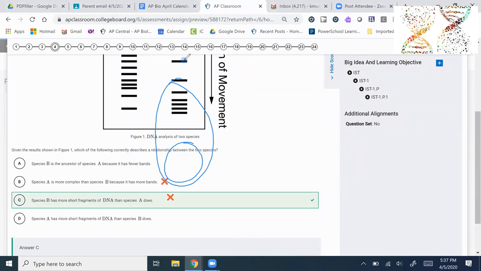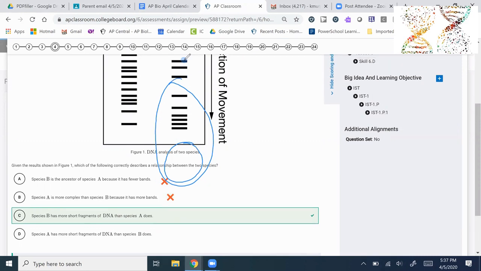But let's look at what C says now. Species B has more short fragments of DNA than species A. All right, so before I was like, I don't know about this relationship, but I know A and B are wrong, and now you're looking. The only skill you have to know here is that gel electrophoresis is separating on size.